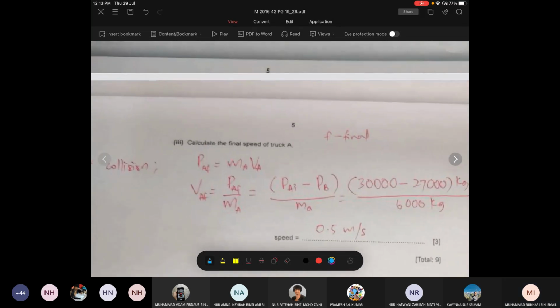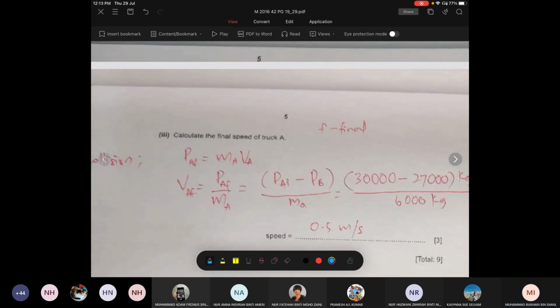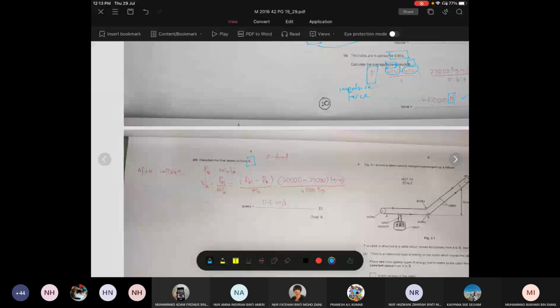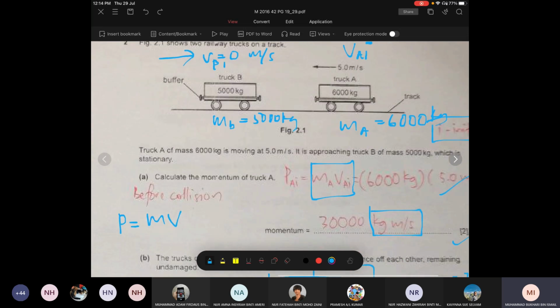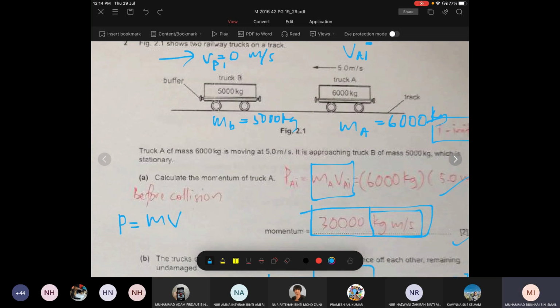Okay, next. Calculate the final speed of truck A. Okay, this is truck A. So we need to understand something here. Let's go back to this diagram. Initially, while this truck is moving, we know this is the momentum, 30,000 kg meter per second.